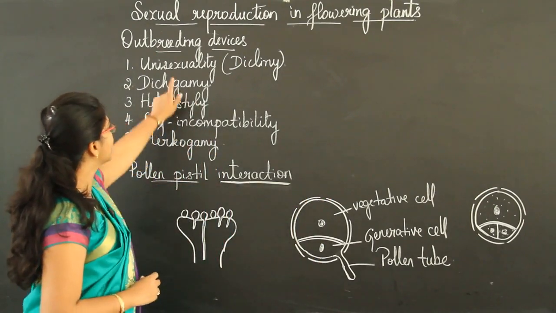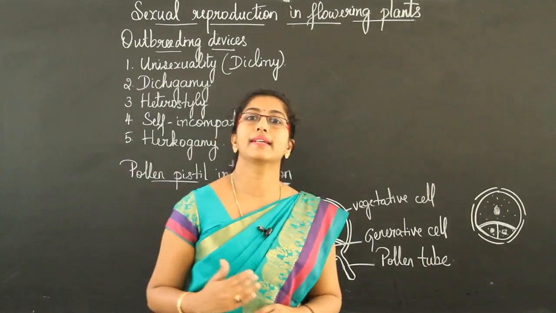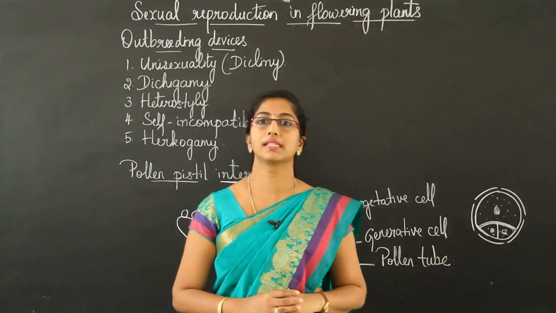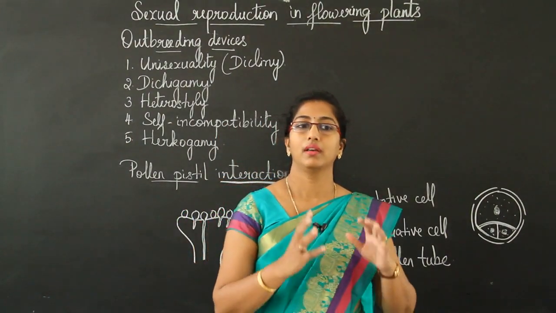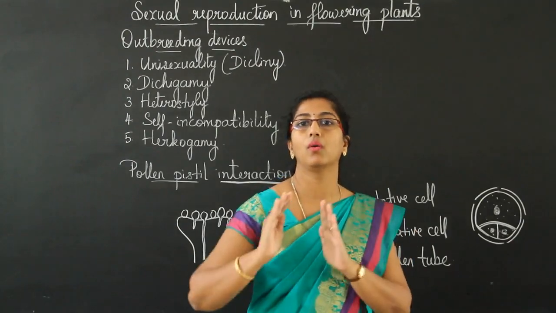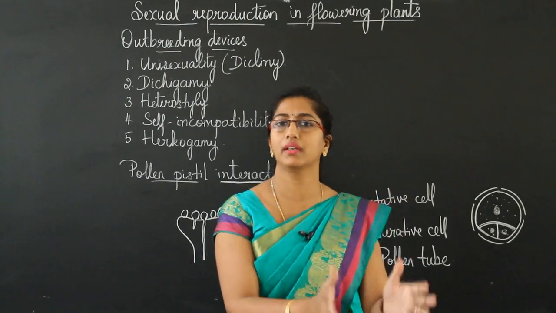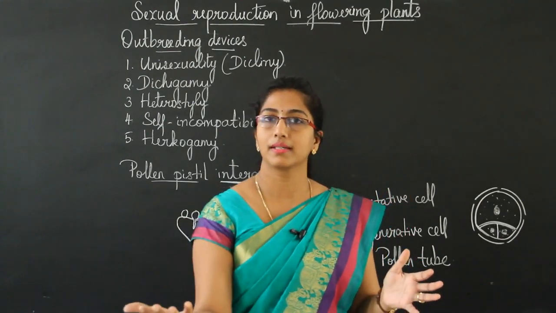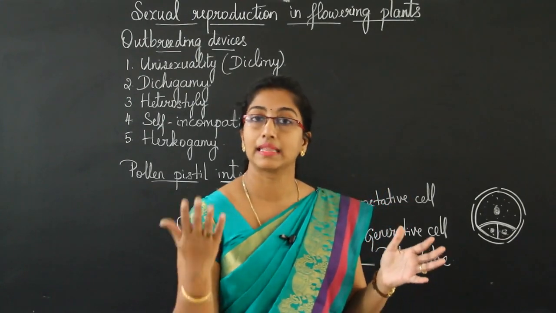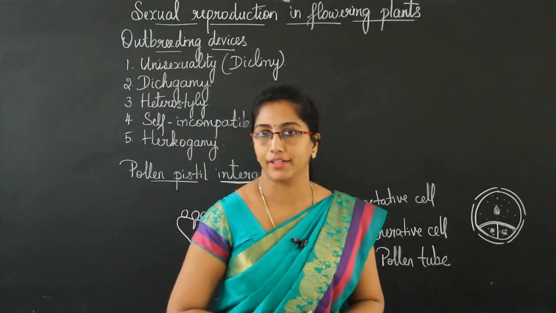The first one is unisexuality. Unisexuality means the plants will produce only one type of flower, either only female flowers or only male flowers. One plant produces only male flowers, another plant produces only female flowers, so self-pollination or autogamy can be reduced.